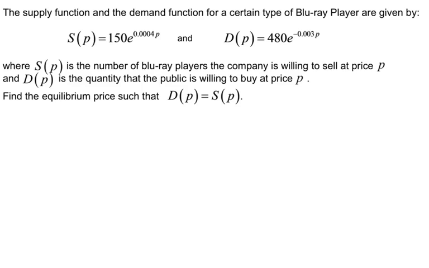However, the caveat arises when you ask yourself, would the general public be willing to pay $1 million for a Blu-ray player? In that situation, there would be no demand for my product. Nobody would want to buy it. So I would have made all of this product and not sold it.